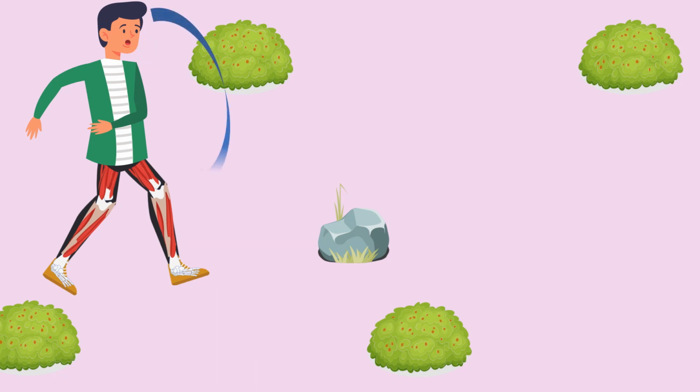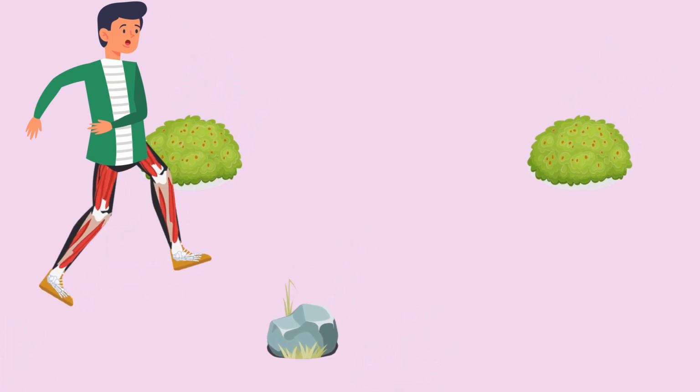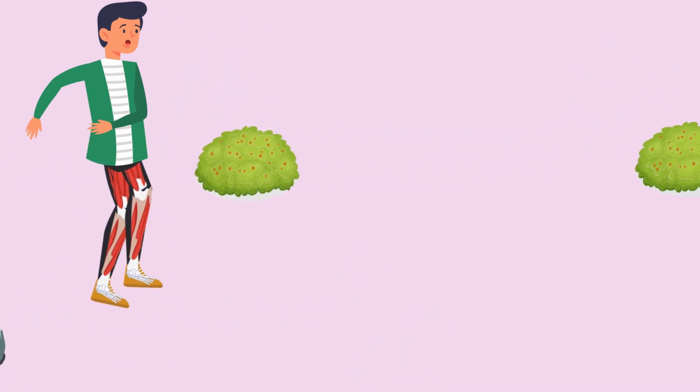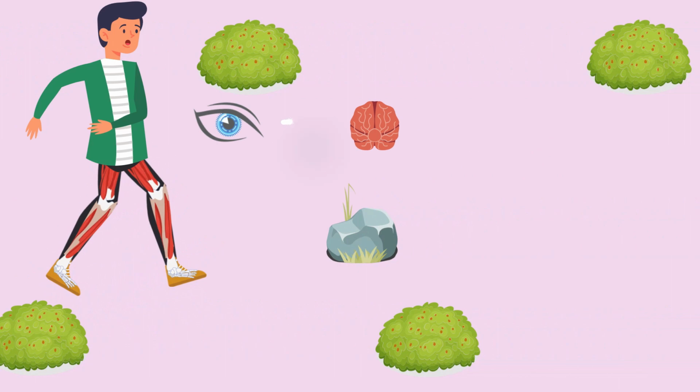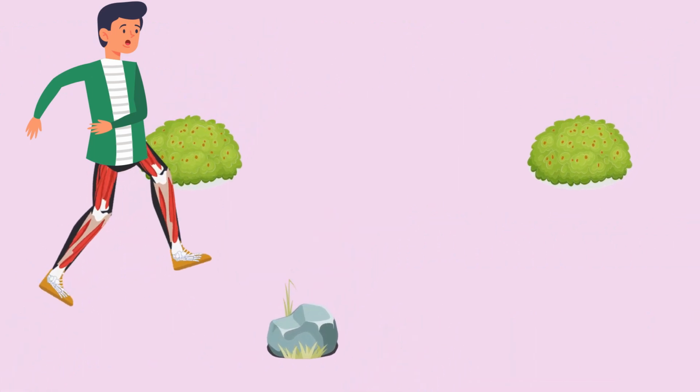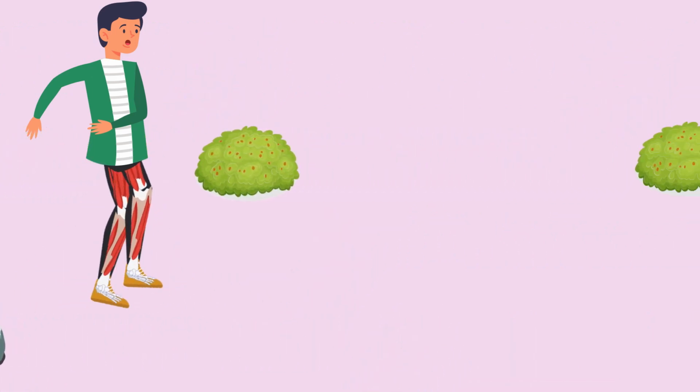What do you do? You actually move away from the rock and then move forward. So what happens here is that your eyes inform your brain that there is an obstacle or a rock in front of you. The brain then processes this information and guides your leg to move in such a way that you do not crash into the obstacle.